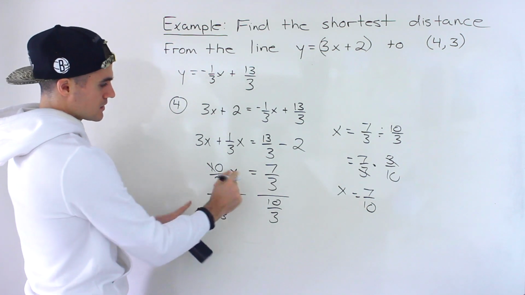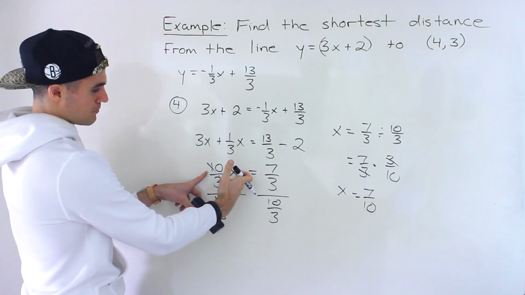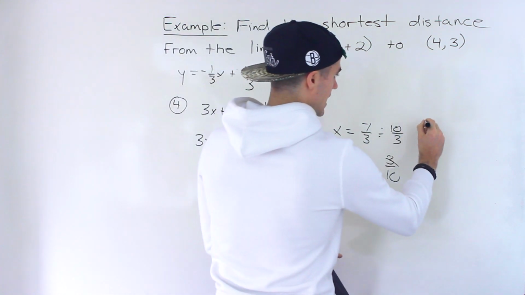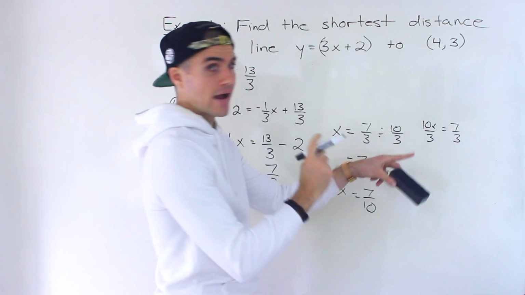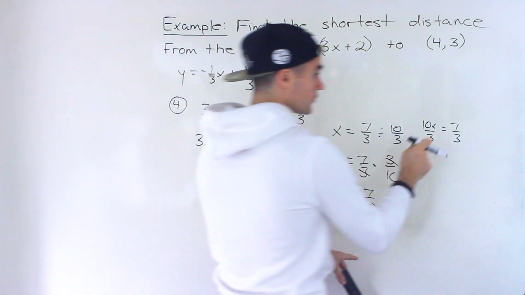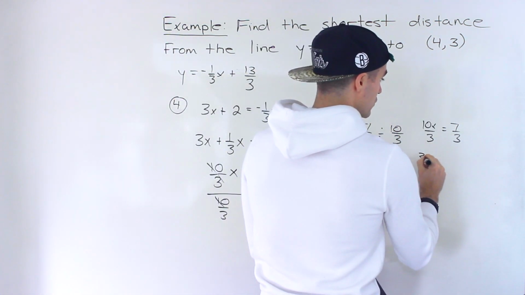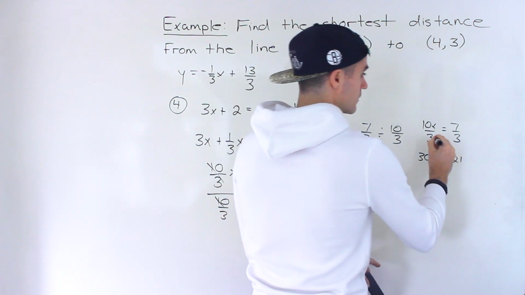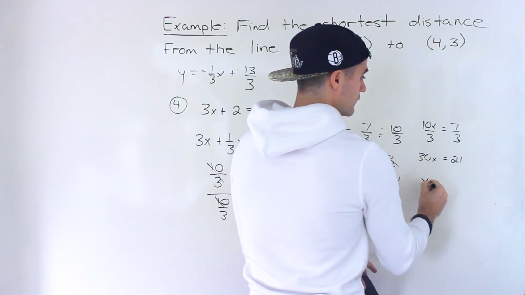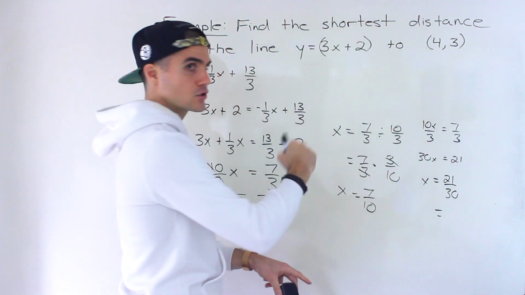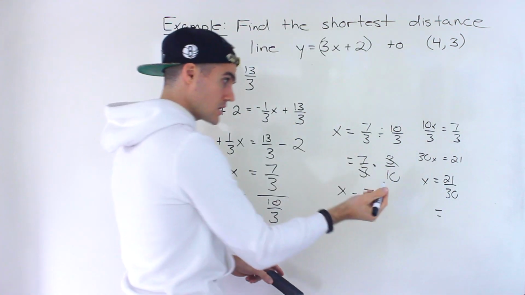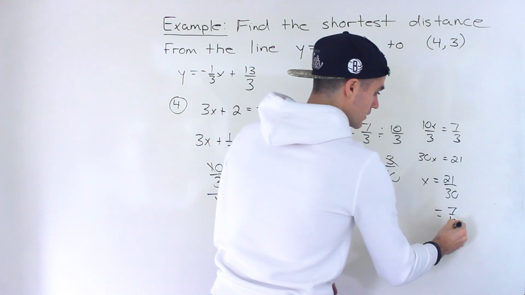Another way to do this from here, you can actually put these as one fraction, so you could say 10x over 3 equals 7 over 3. Whenever you have one fraction on each side, you could then cross multiply. So we'd have 30x equals 21, right, cross multiplying. Then we'll have x equals 21 over 30, which we can divide the numerator and denominator by 3, simplifies to 7 over 10.